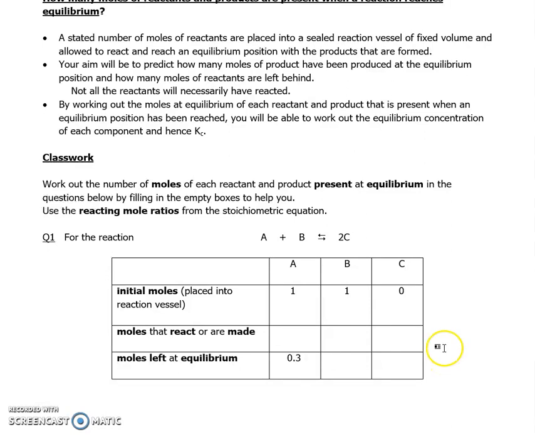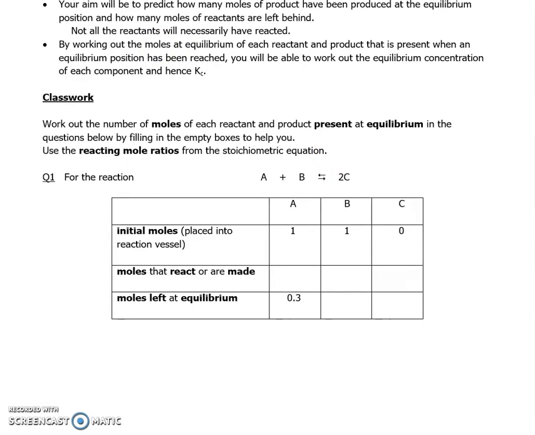solving it. Okay, so for example, question 1 here, it says A and B are in equilibrium with 2 moles of C. At the start of this equilibrium, you've got 1 mole of A and 1 mole of B, 0 moles of C. Now, what we've also been told is that at equilibrium, we have got 0.3 moles of A. So, the amount of moles that were reacted is the difference between 1 and 0.3.